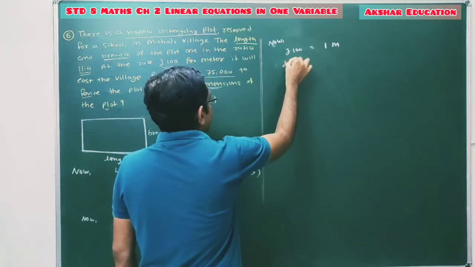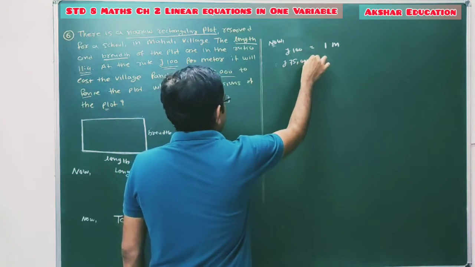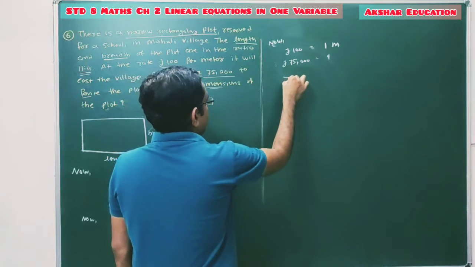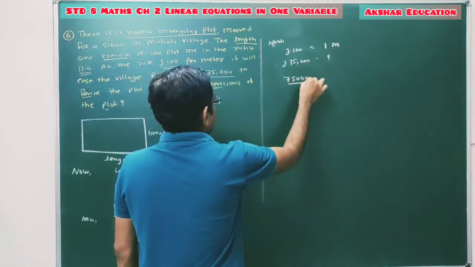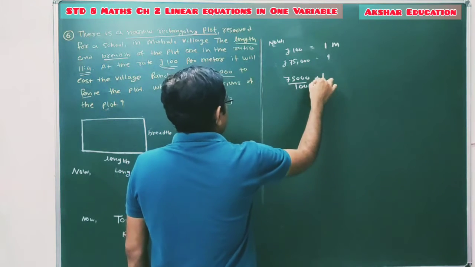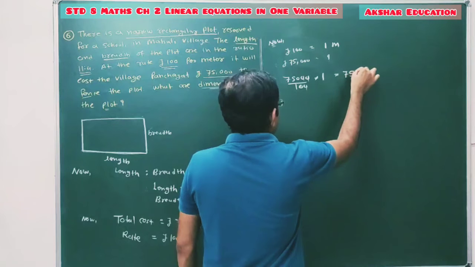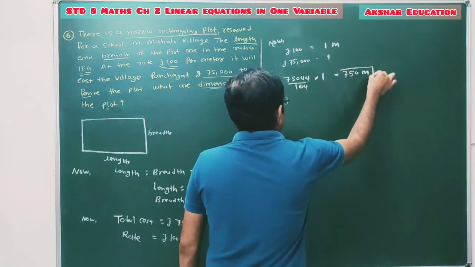Here we have spent 75,000 rupees, so that will be equal to how many meters? It's 75,000 divided by 100 into 1. So cutting the zeros, the total length of fencing will be 750 meters.